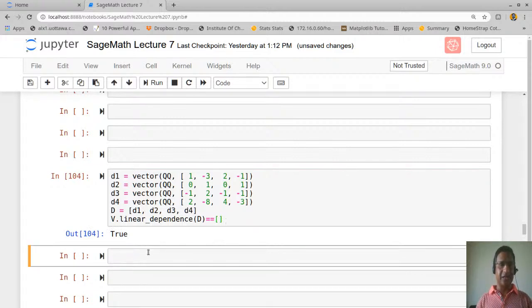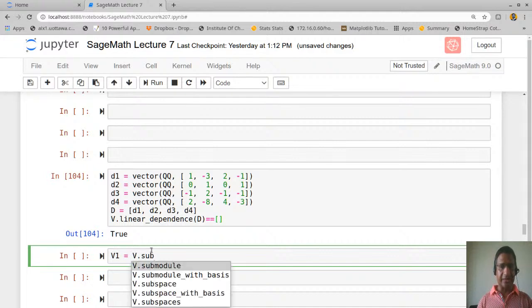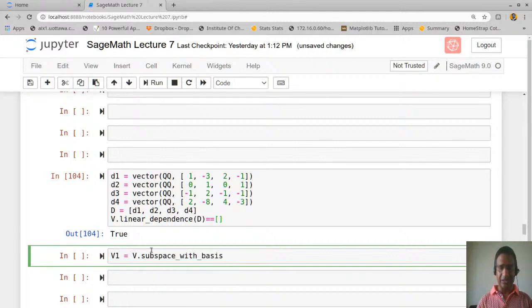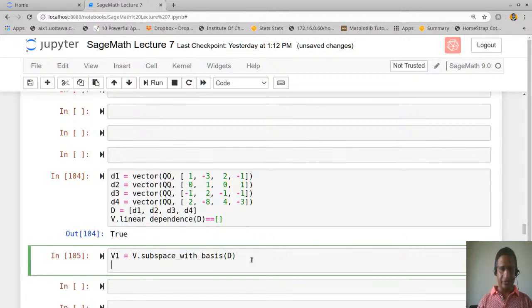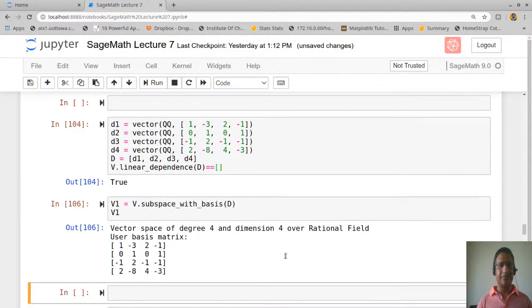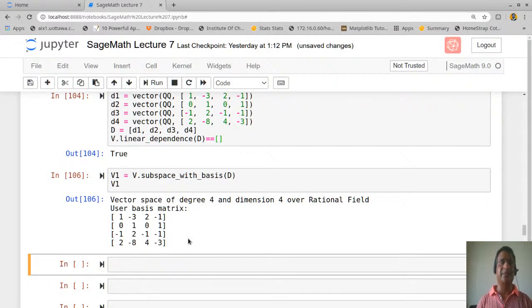But now we want to change the domain to the subspace spanned by this as a basis. So again we will define v1 as V dot subspace with basis D. Now you can see what v1 is: v1 is the subspace spanned by these as basis.